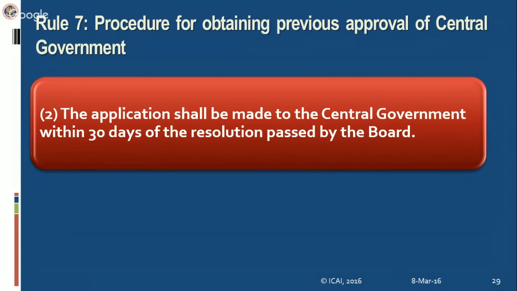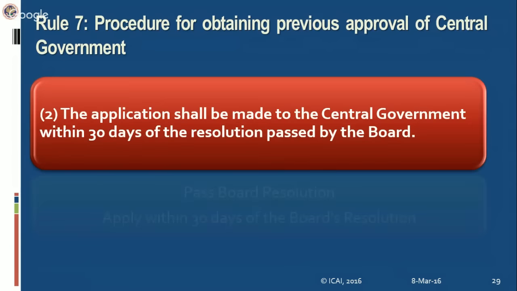First of all, the board will pass a resolution saying that the auditor needs to be removed, and in this respect, we will fulfill the procedures laid down in the Companies Act. After passing the board resolution, they will make an application to the central government in form number ADT 2 with prescribed fees.